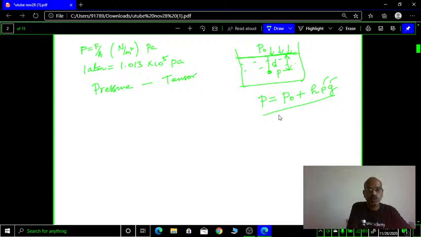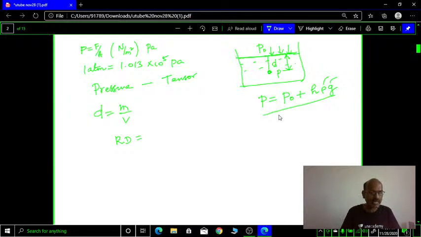Then we all know density: mass per unit volume. That is the density of the body or the density of the substance. Here, relative density is a term you must know. Relative density is the ratio of the density of the body to the density of water.